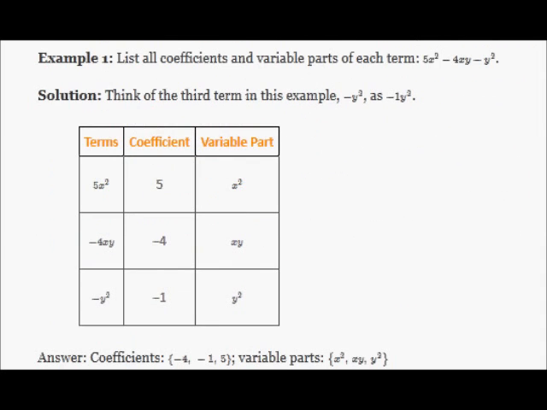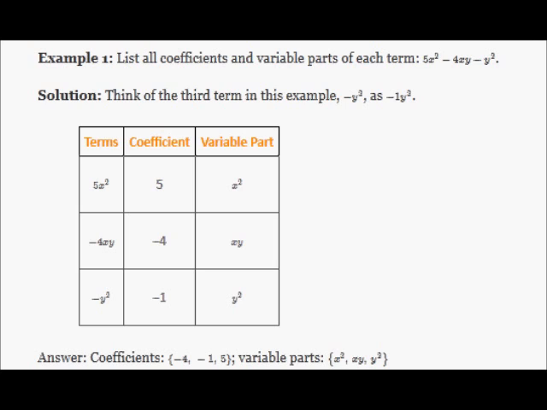Here's another example. Let's say we have 5x squared minus 4xy minus y squared. So we'll think of the third term in this example as negative 1y squared. Okay? There's a 1 being multiplied by y squared there that we don't indicate in writing because 1 times something is just that something, right?